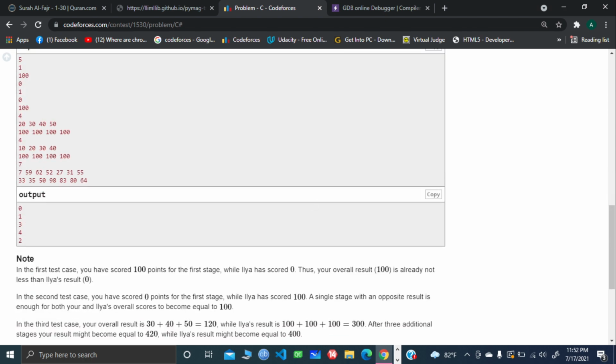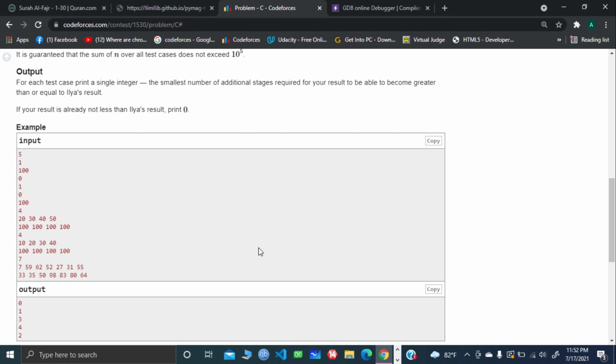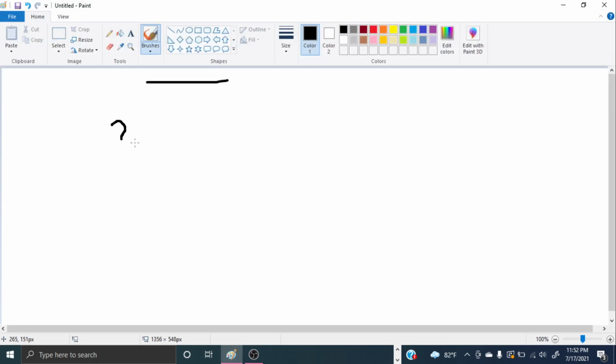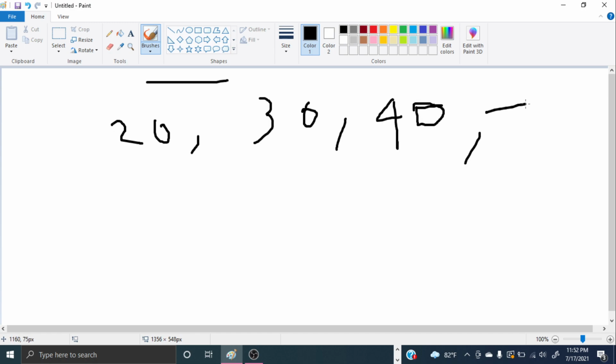Now, let's take one example, and then we can really explain the solution. Let's say you have got points of 20, 30, 40, and 50.